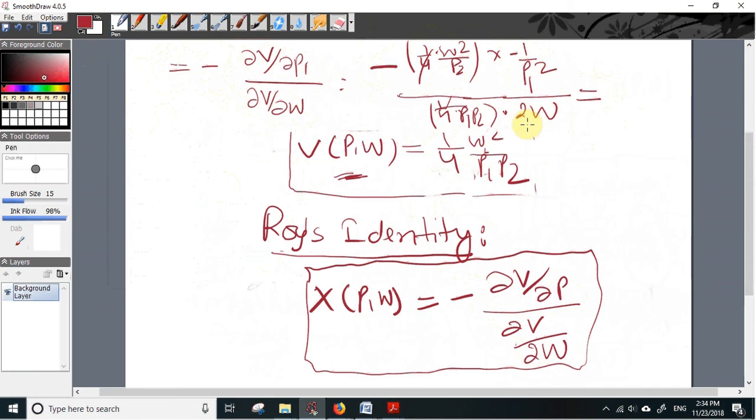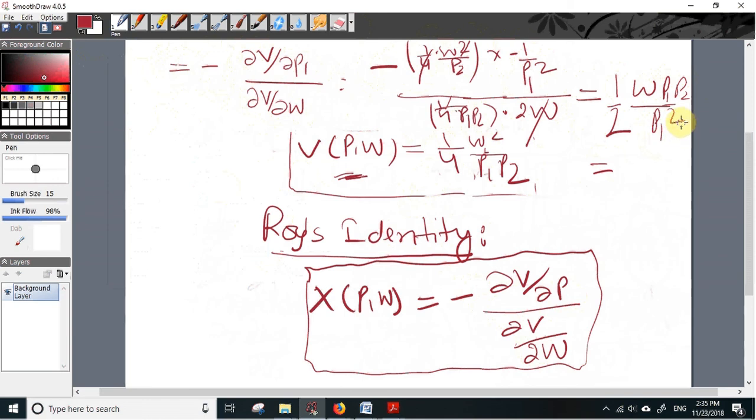This is 1 over 2, W square over W, and the W cancels, so this is W only. Now this P1 P2 comes up here in the numerator, and this P1 square goes here.